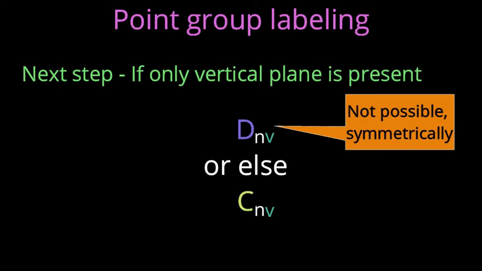So it can be Cnv or Dnv. Here, existence of only vertical plane is impossible for dihedral point group. It means Dnv as a point group is not possible symmetrically.